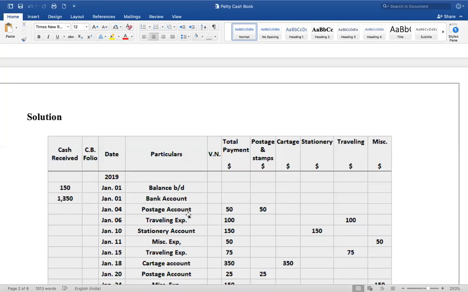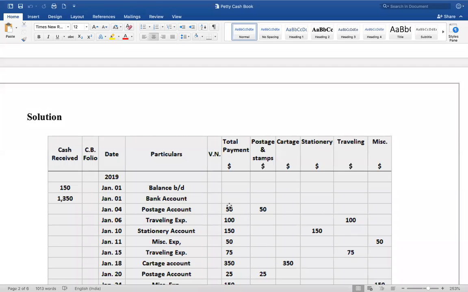Because on the same fourth day, there may be some cartage or some stationery also. Stationery of 50, cartage of 50, and postage of 50, so 150 will be taken here. But here there is only one item, and that one item itself becomes the total.